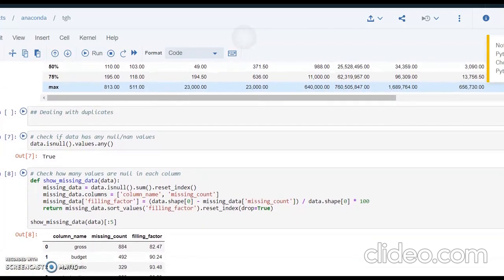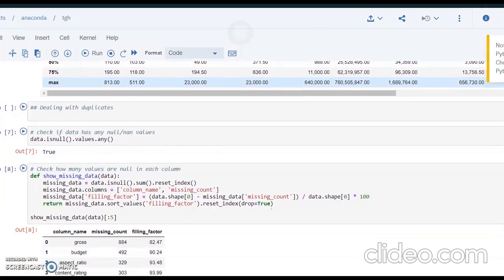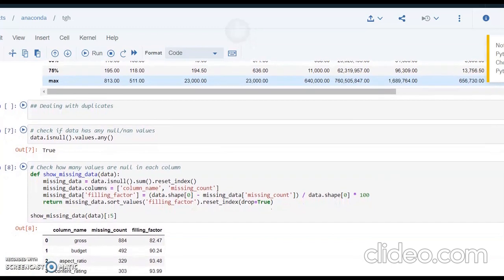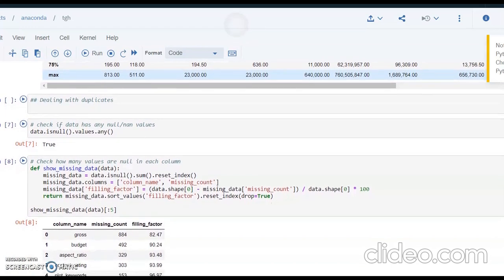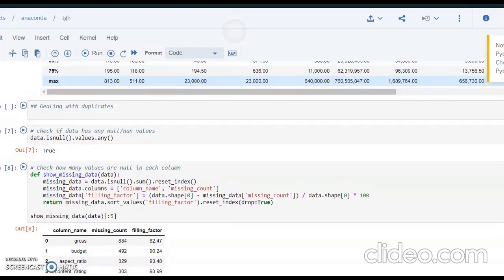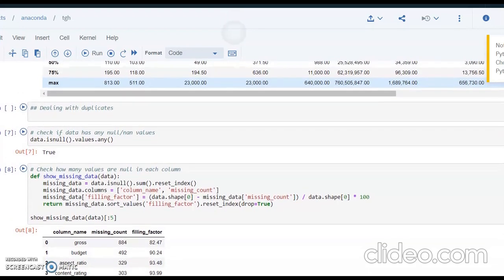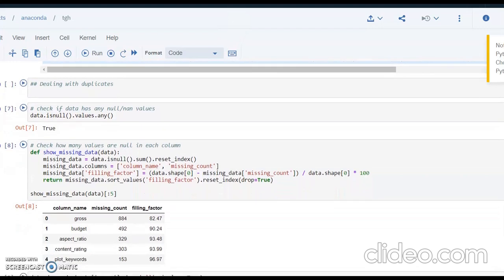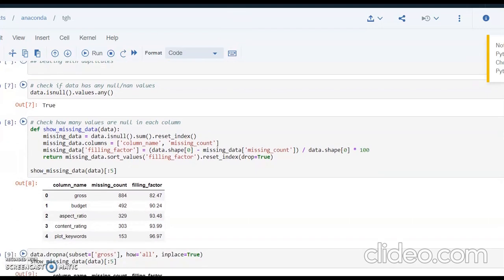So dealing with the duplicates, we use data.isnull().values.any() to check if the data has any null values, because a lot of duplicates are null values. We use that to see if there are any null or not available, NaN, values. After that, it comes up as true.